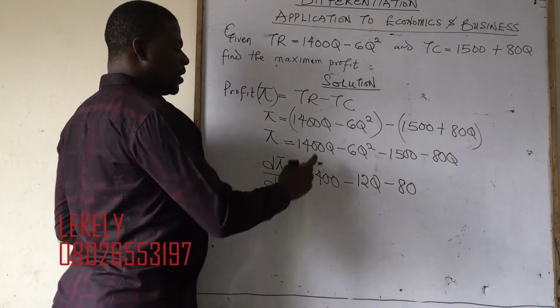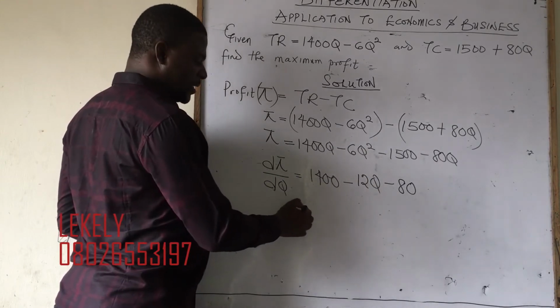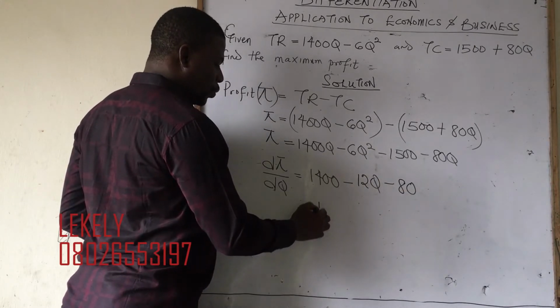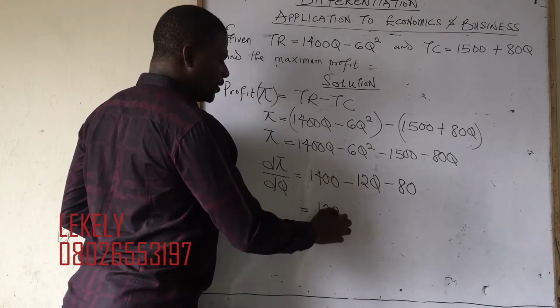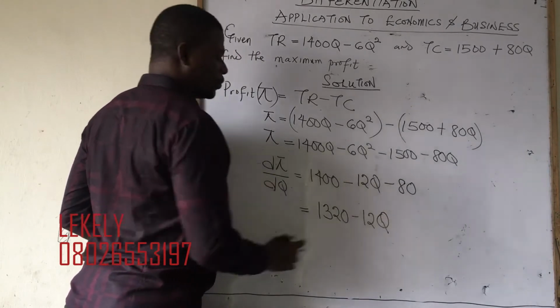So I can say 1400 minus 80 is 1320, minus 12q.